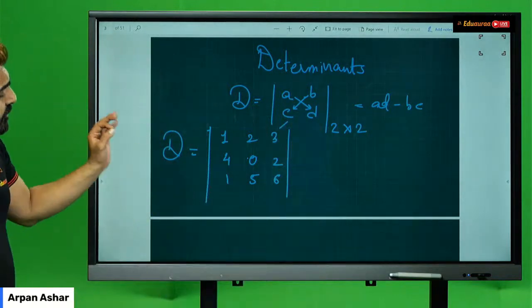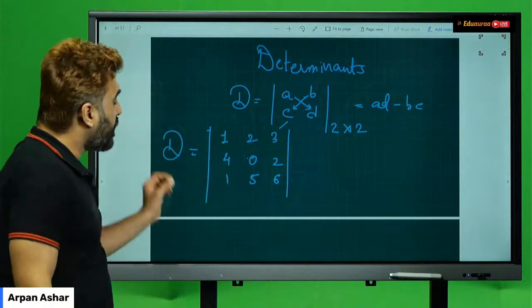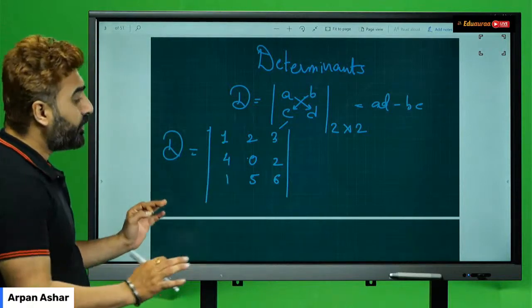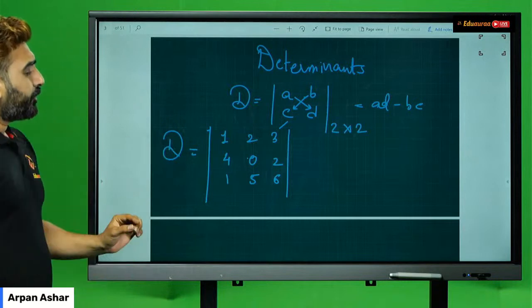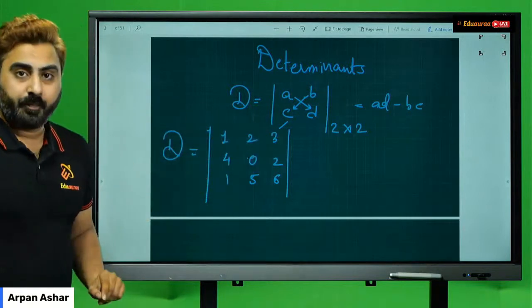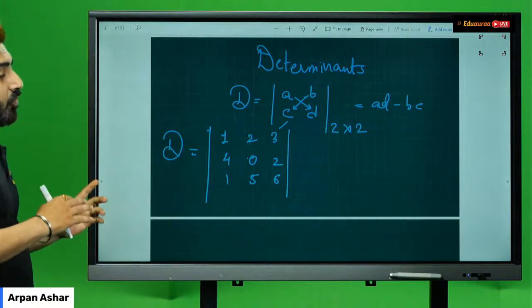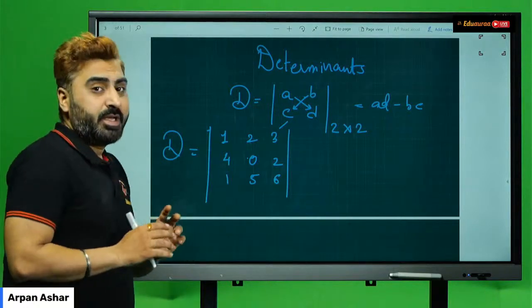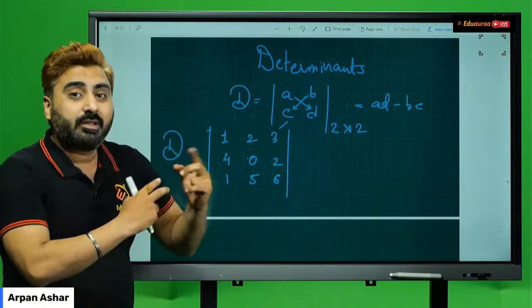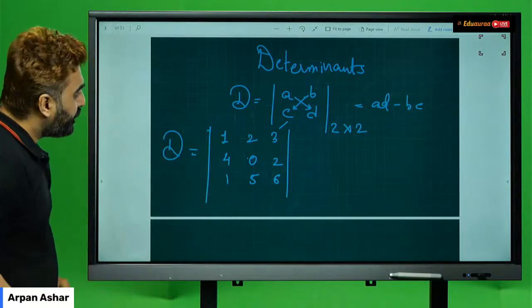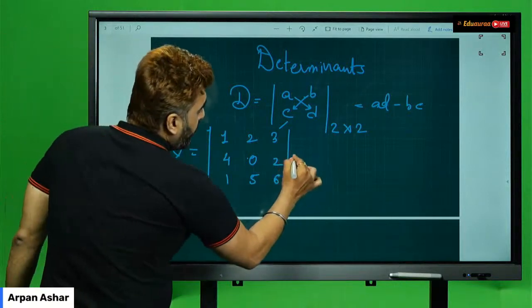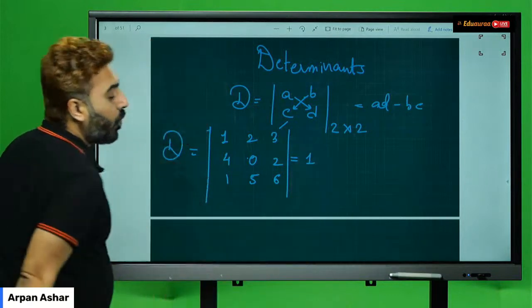Now, if I want to find value of this determinant of order 3 by 3, how do we find? So students, consider first row and use LNT rule. Now, when I say LNT rule, that means L को अलग-अलग तरीके से use करना है. कैसे?